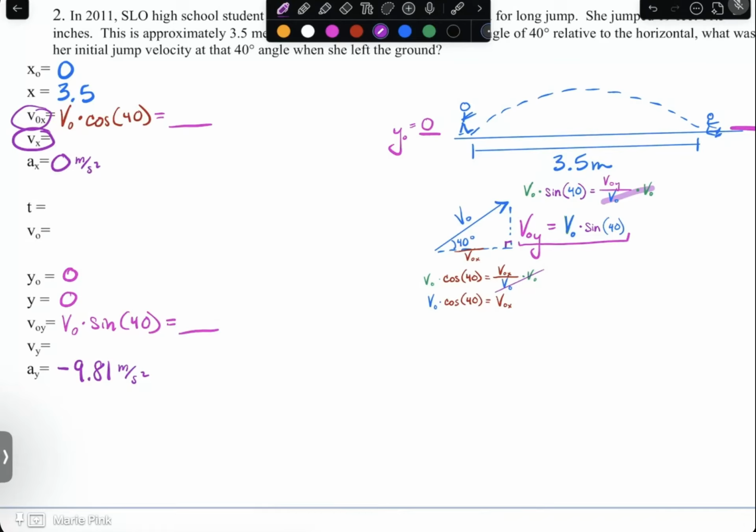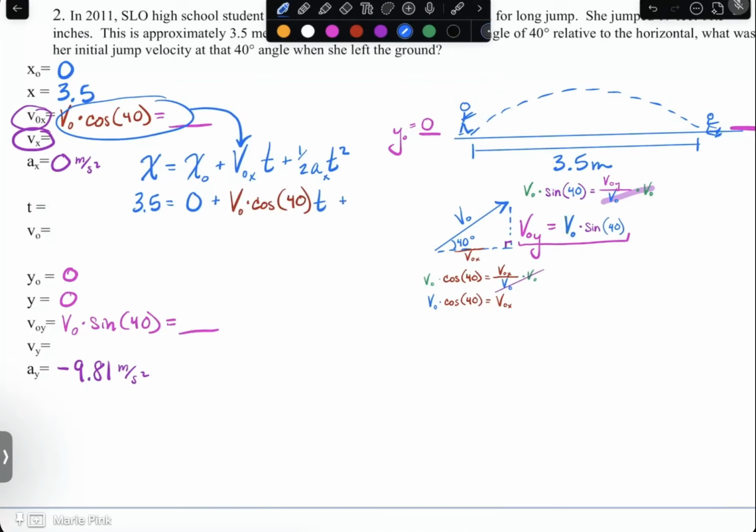Now I'm going to look at this and notice that I have more useful information in the x direction. So I'm going to write out the equation for the x direction. In the x direction, the final position is 3.5. Starting position is 0. I don't know what v naught x is, but I can take all of this and put it in for v naught x.